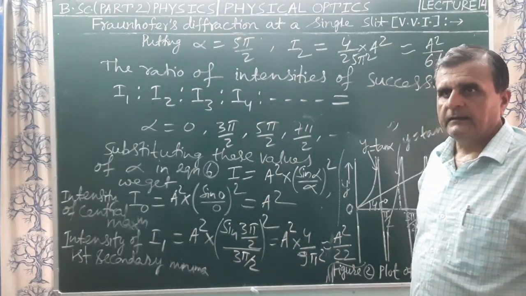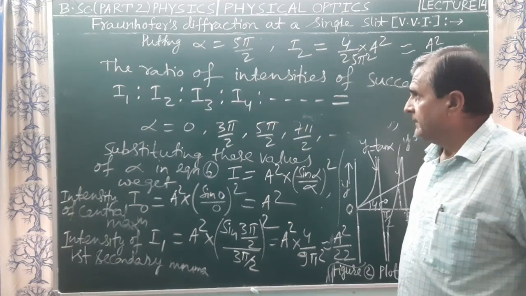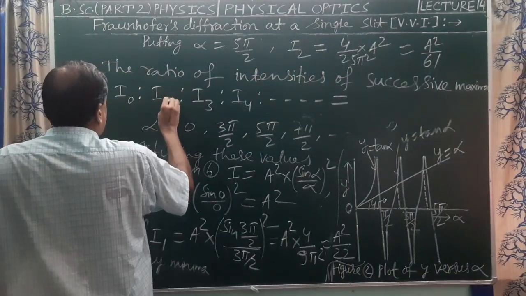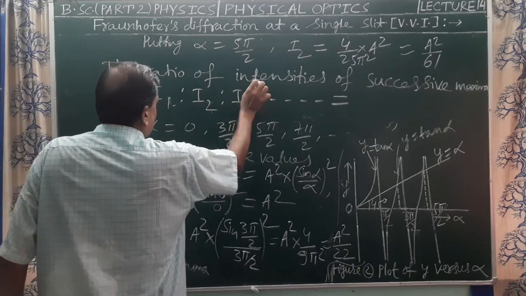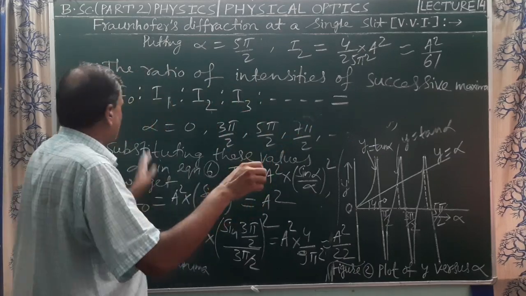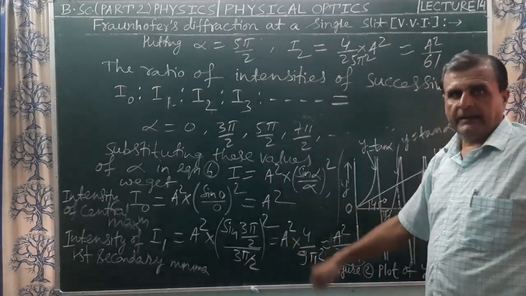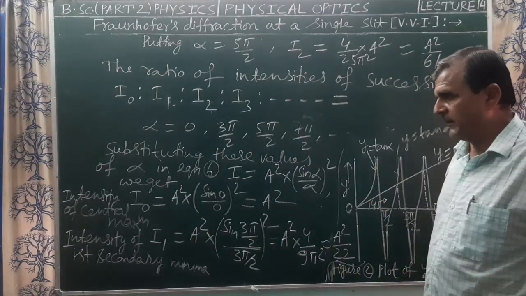So it is I0, first is I0, then I1, I2, I3, I4 and so on. I0 is only A squared, which is the intensity of central maxima.